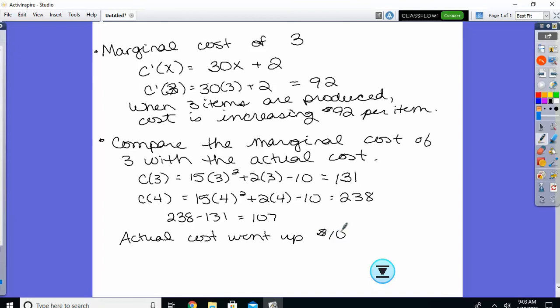So that means the actual cost went up $107. We predicted 92. So our estimate was a little bit off here.